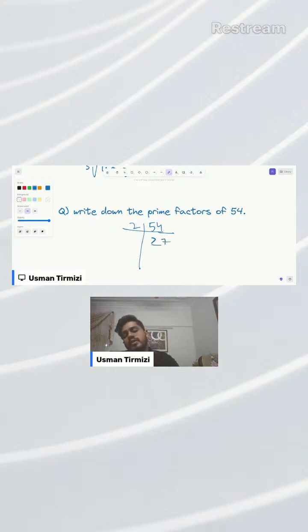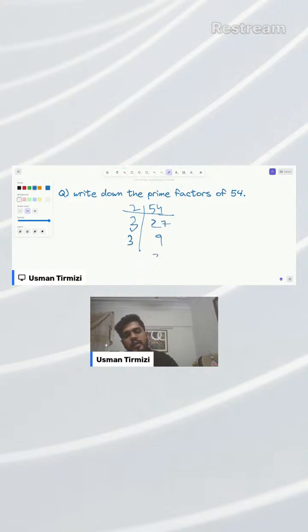And now 27 cannot be divided by 2. Can it be divided by 3? Yes, I think it can be divided by 3. We get 9. Alright. So we further divide 9 with 3. We get 3 in return. And now we divide 3 by 3. We get 1. Okay. So we say that 2 into 3 into 3 into 3.